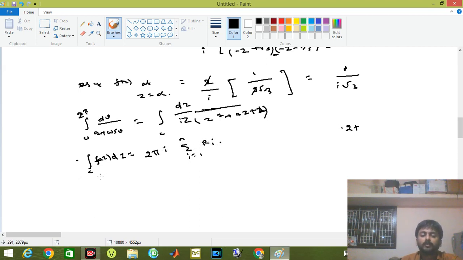Okay, now R1 is given by, the residue at z equal to alpha, which is 1 divided by i root 3.